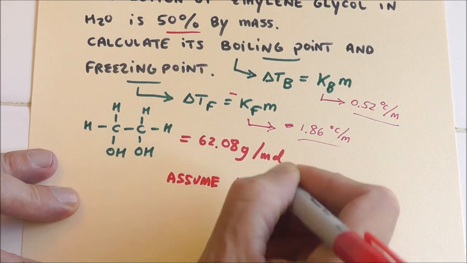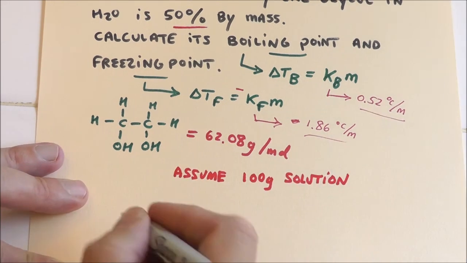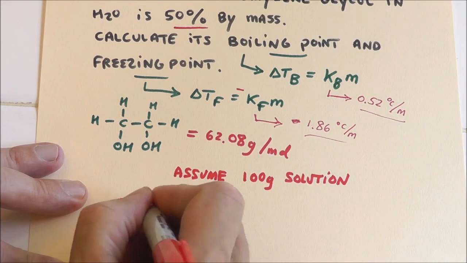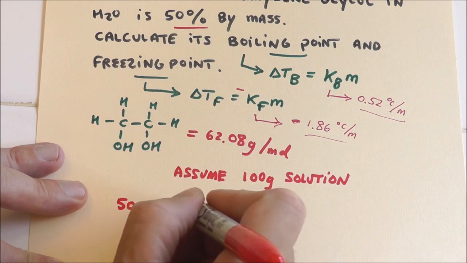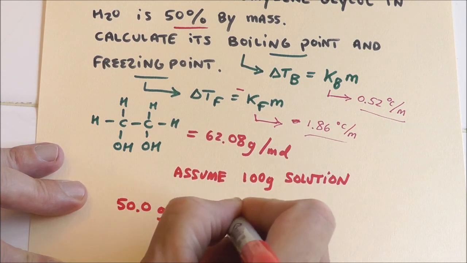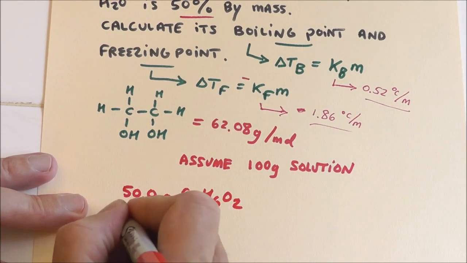And the reason I want that is I want to make the numbers simple. So that means I got 50 grams of C2H6O2. And I got 50 grams of water.